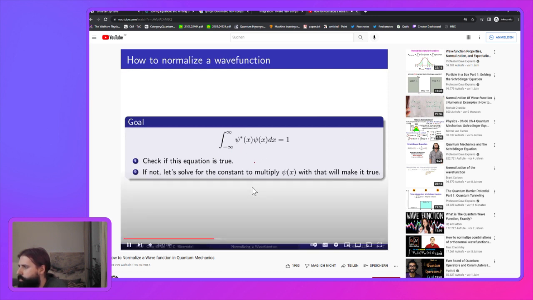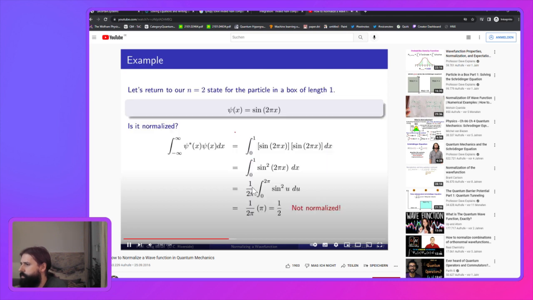So we're going to look at this in two ways. Okay, so what do we do here? Is it normalized? Let's return to our n equals 2 state for the particle in the box of length 1.